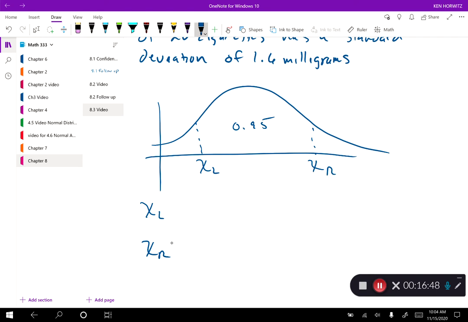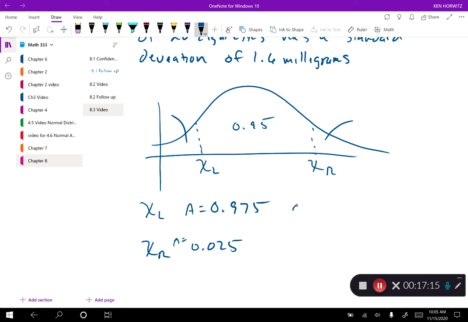So for my right value, I have an area of 0.025, because that's what's left in both of our tails. And for my chi left value, I have an area of 0.975.